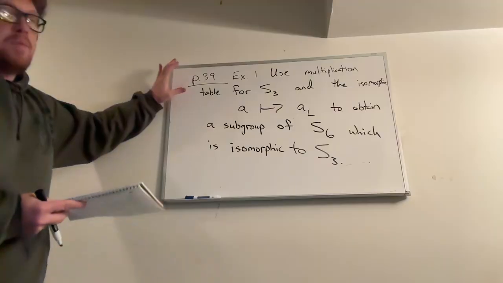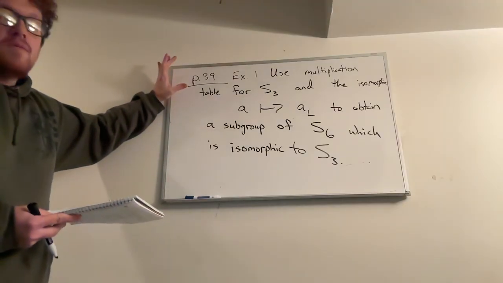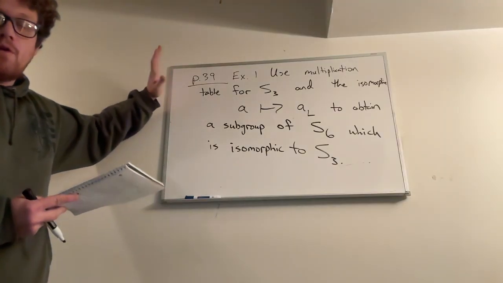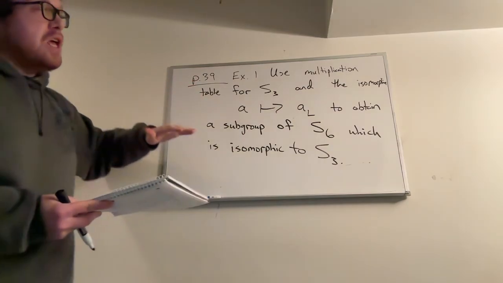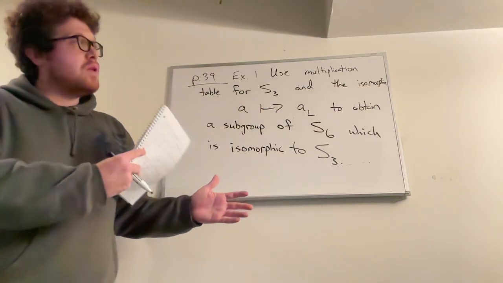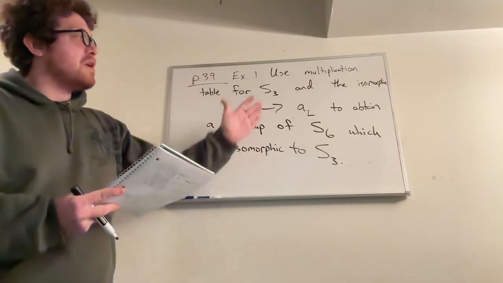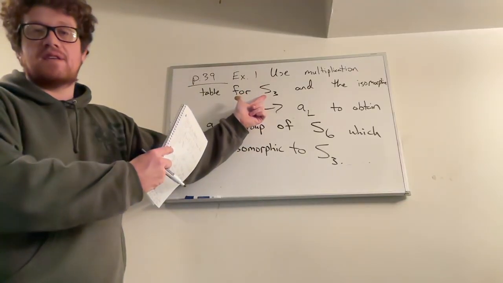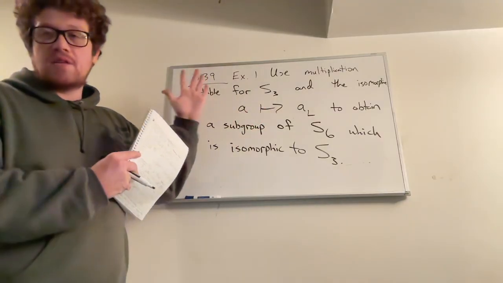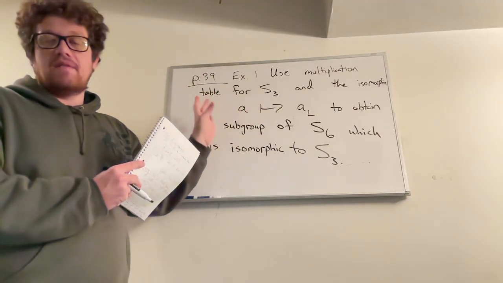First of all, what is a multiplication table? For a group, or really for any set with a binary operation, you can always make a table whose size depends on the number of elements in the group. In this case, there are 6, so you can make a 6 by 6 table and explicitly write the product of each pair of elements.